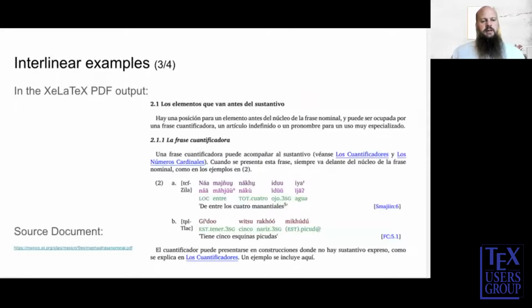It's often the case that examples might have two components. So we have example number 2 in this document, and then we have example A and example B, and you can see there's some alignment between the green tier and the red tier in 2B. Then we have a practice in linguistics, on the right hand side, the blue link like Samjin 6 or FC 5.1.